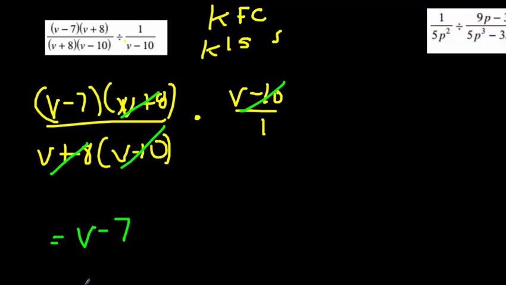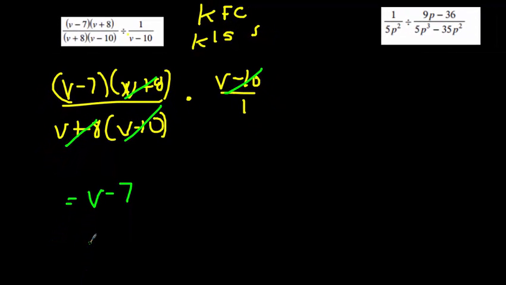But remember, we're also looking for our asymptotes, or our restrictions on our domain. What can the x value not be? It can be all real numbers except for what? We're looking at anything that was a denominator.